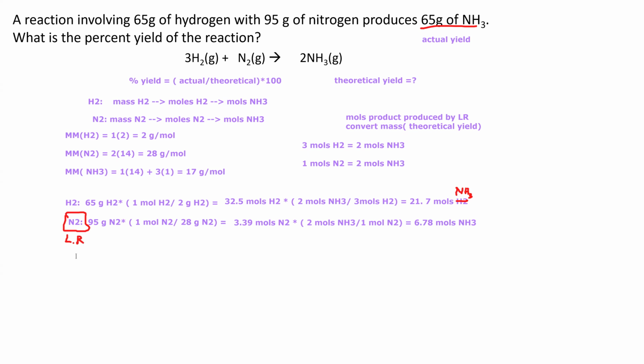So now we're going to take the moles of product produced by N2 and convert that to grams. This is going to tell us the theoretical yield. And we get a theoretical yield of 115 grams of ammonia.